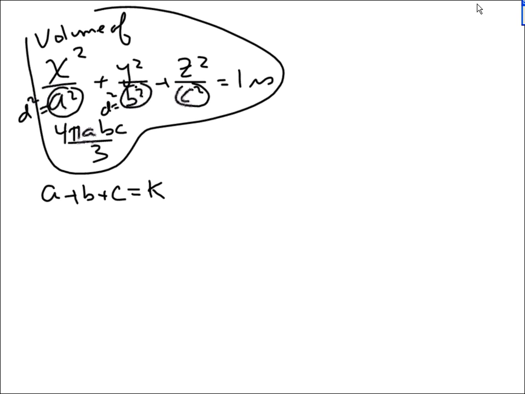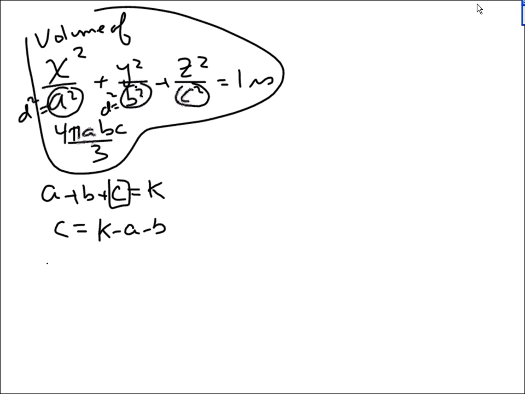Okay, so we want to maximize the volume. So solving, say, for c, we get that k, how about c if we're solving for c? C is nothing more than k minus a minus b.